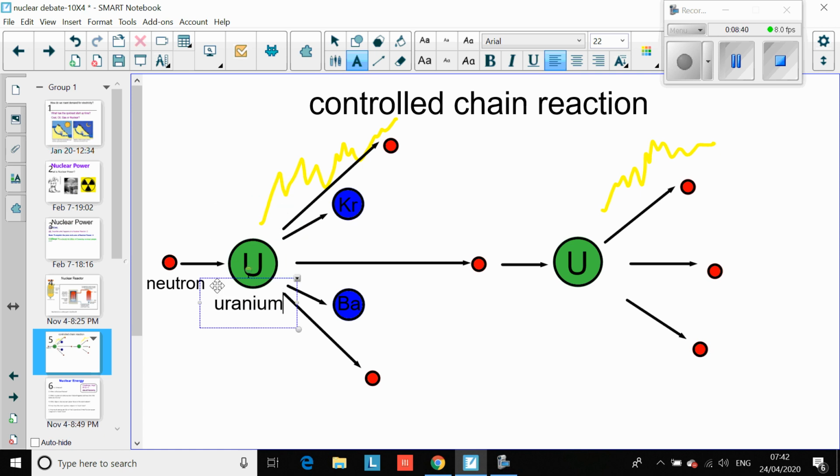Okay, and in doing so, it releases 1, 2, 3 extra neutrons. And let's just put energy over here. Okay, and those neutrons will then go off and set off other uranium nuclei, and the whole process just carries on and on and on like that. So pause the video and please copy this into your book, and you only need 1 or 2 sentences to explain this. Off you go, please.